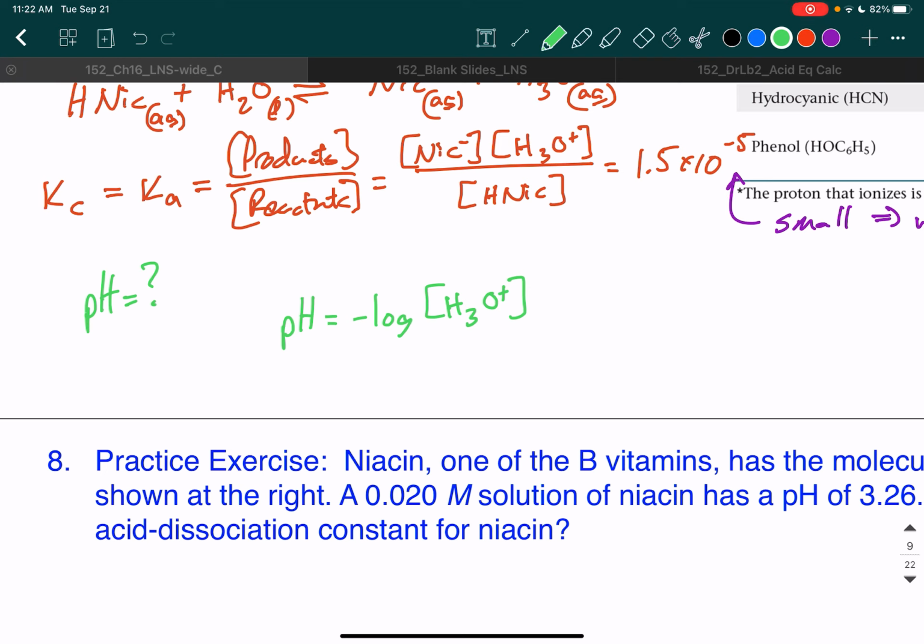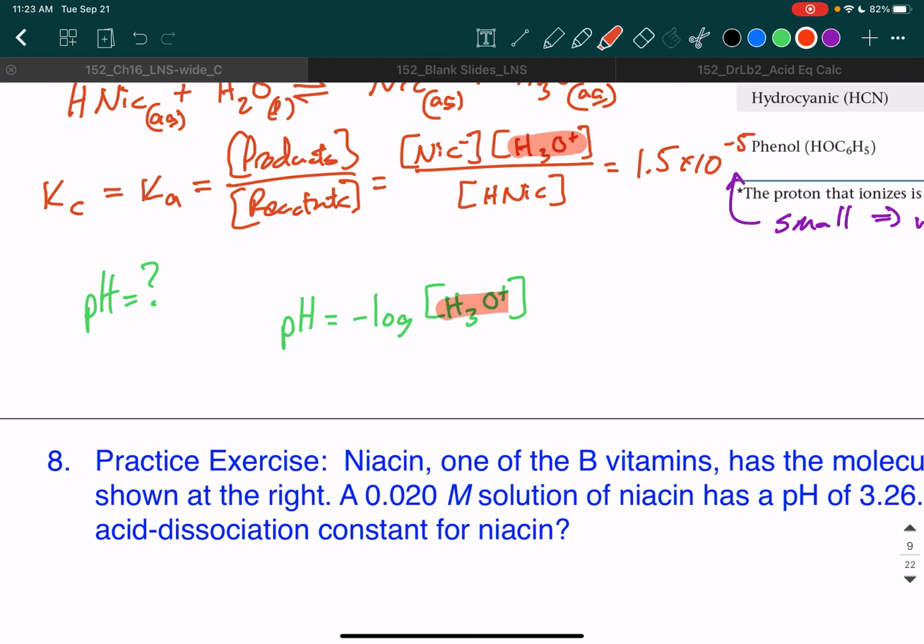So pH, it's a mathematical formula. It's the negative log of the hydronium ion concentration. And if you look at your equation, you do have that. It's sitting right there.